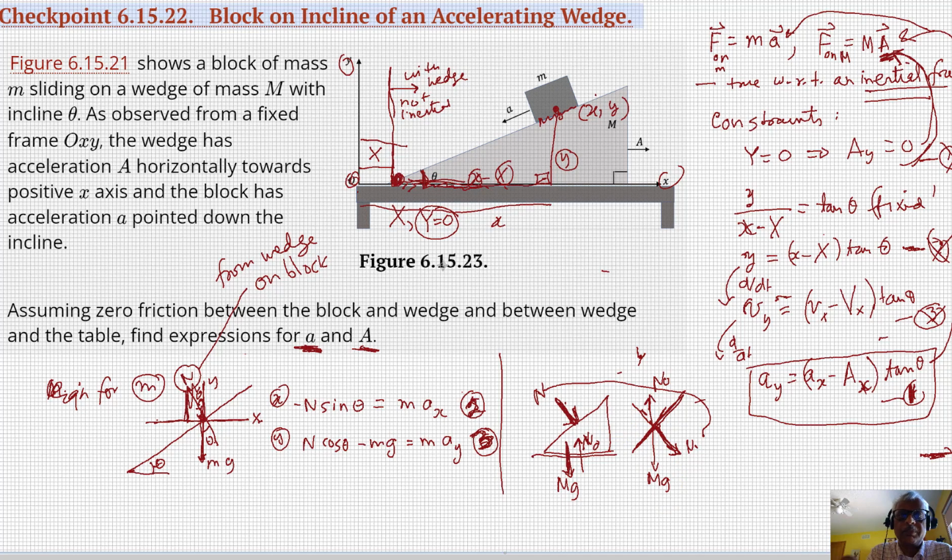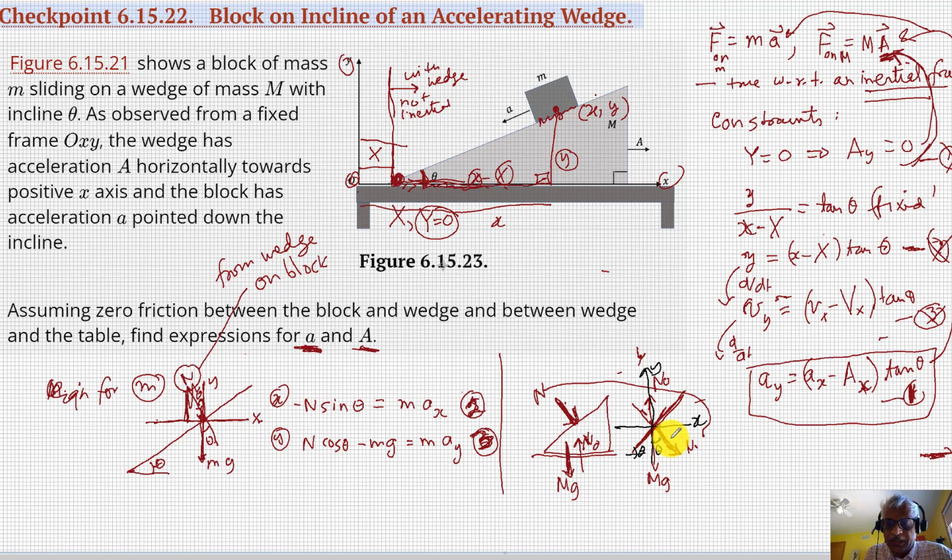and we have the x-axis this way and the y-axis this way. This was the theta, this was the theta, this was the theta. Okay, so now I have everything.